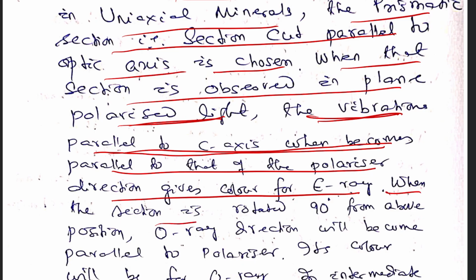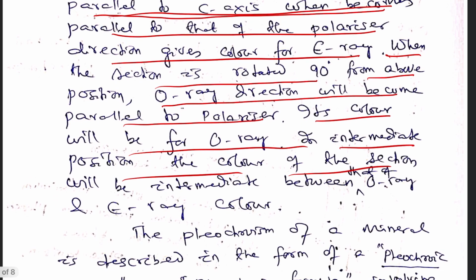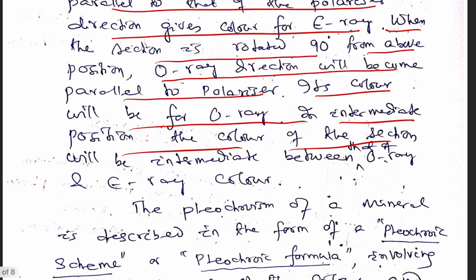Similarly, when the section is rotated 90 degrees from that position, the O ray direction will become parallel to the polarizer vibration direction, and that polarized light will pass along the O ray vibration direction, and it will give the color of the O ray. Thus, we know the color of the O ray and E ray, and if there is variation in color, then pleochroism is described in terms of these two colors.